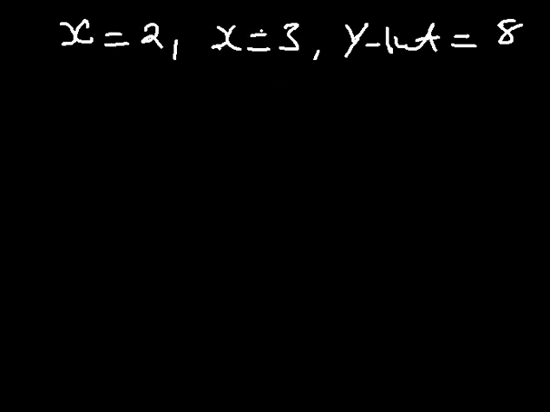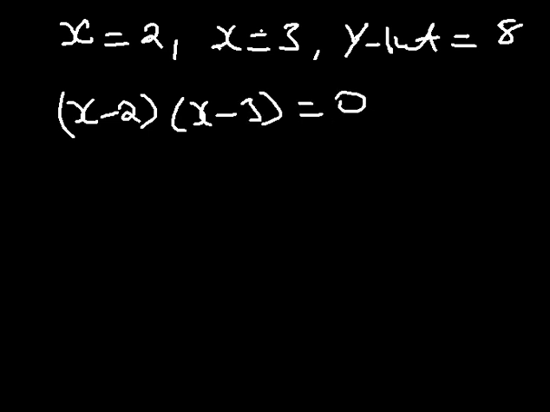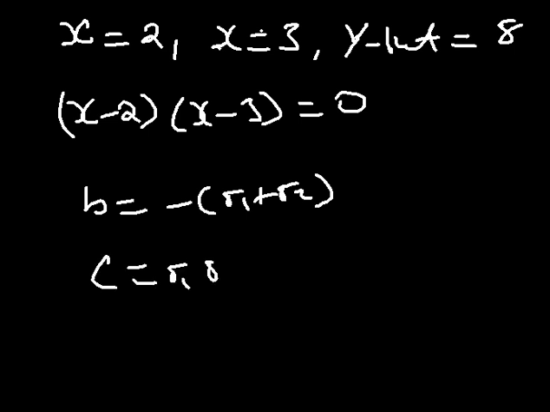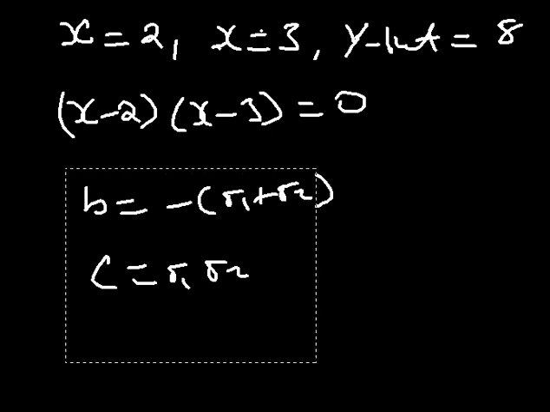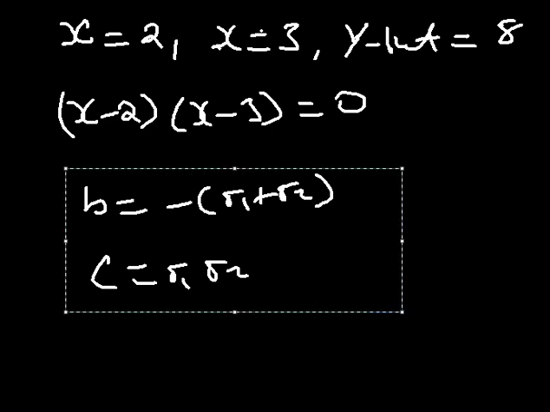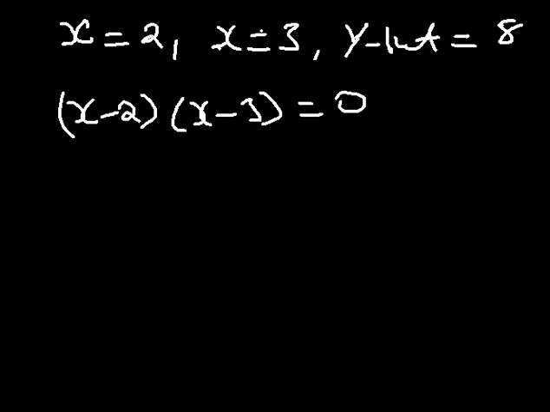We'll have it as x minus 2 times x minus 3. Of course you can also use the other method where b is equal to negative r1 plus r2, and c is given as r1 times r2, where you just substitute. That is whenever you are only working with the roots.